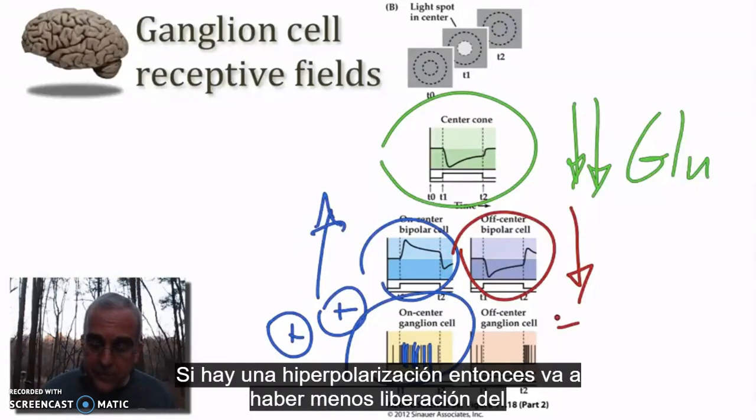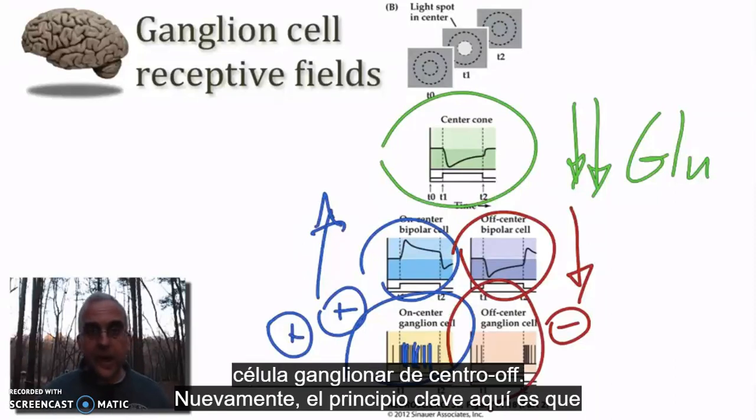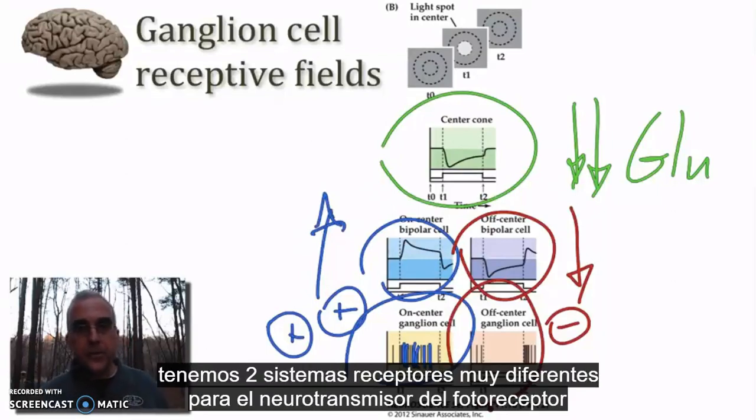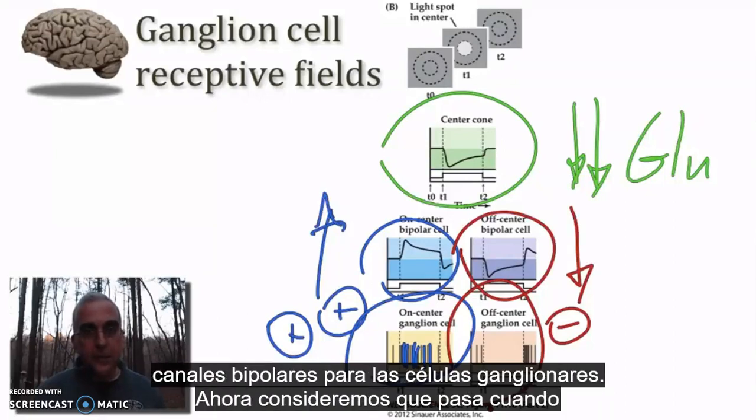If there's hyperpolarization, then there's going to be less excitatory neurotransmitter released, and that's going to have a suppressive effect on this off-center ganglion cell. Again, the key principle here is that we have two very different receptor systems available for the neurotransmitter of the photoreceptor. And those different receptors set up these dichotomous responses in these bipolar channels to the ganglion cells.